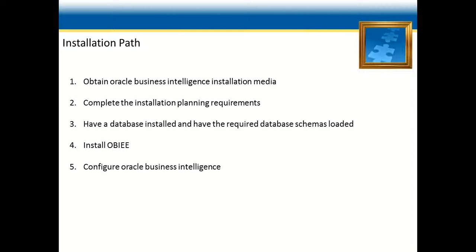Have a database installed and have the required database schemas loaded into it. Oracle has given a special tool called RCU, which is used to load the schemas into the database. Through that RCU schema creation utility you can have the schemas in your databases.